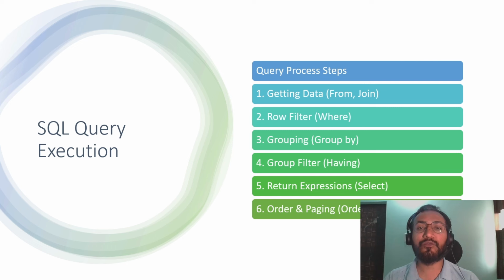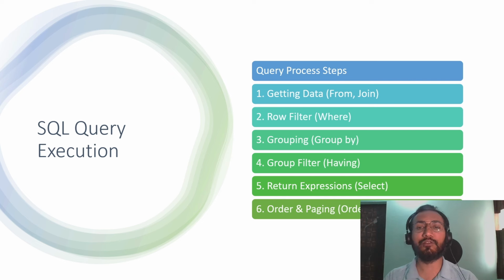The fourth step is the group filter. Continuing with the employee example, we have the average salary of those employees. We have done group by on department, and I want the average salary of a particular department. Say HR has an average salary of 50,000, meaning the summation of 3 employees divided by 3.